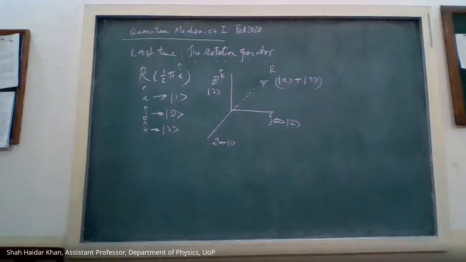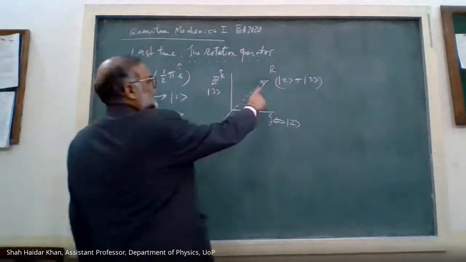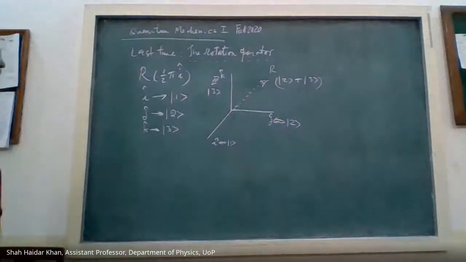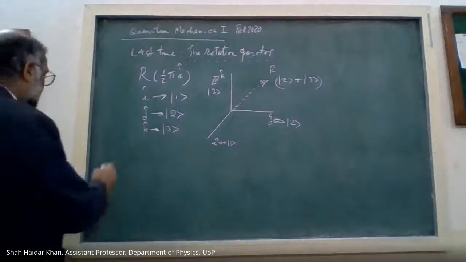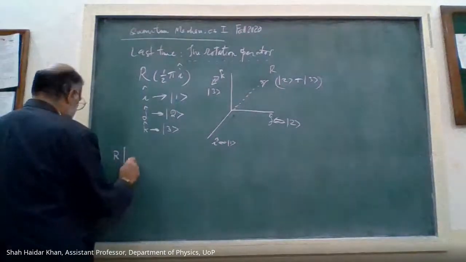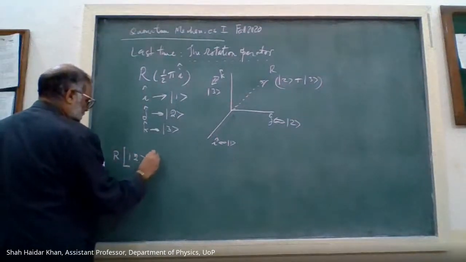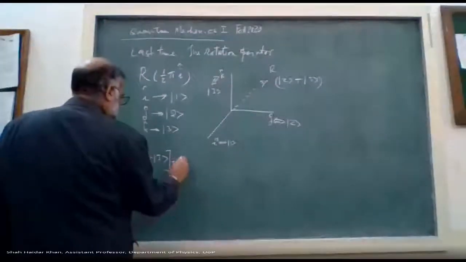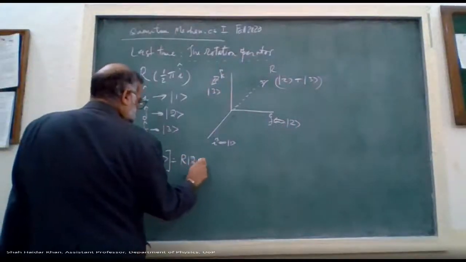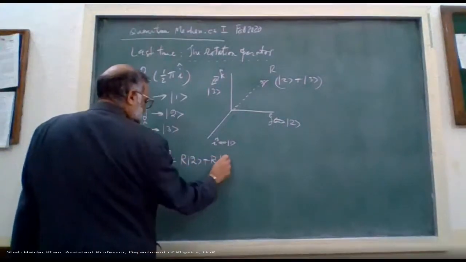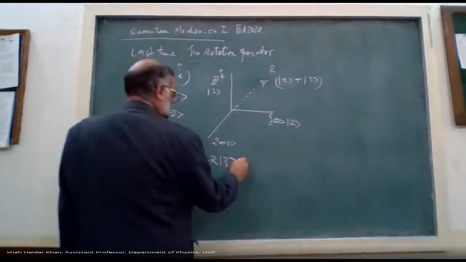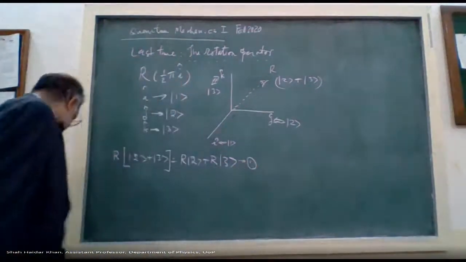So we want to apply the rotation operator to this combination. So what are we going to get? R applied on k2 plus k3 can be written as R applied on k2 plus R applied on k3, right? Suppose this is equation 1.